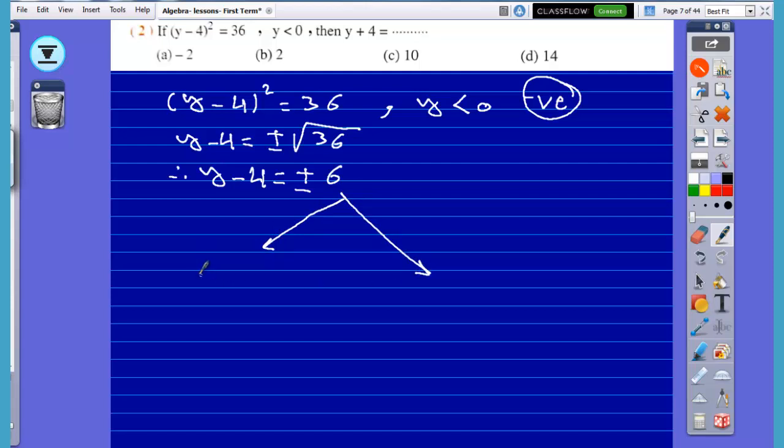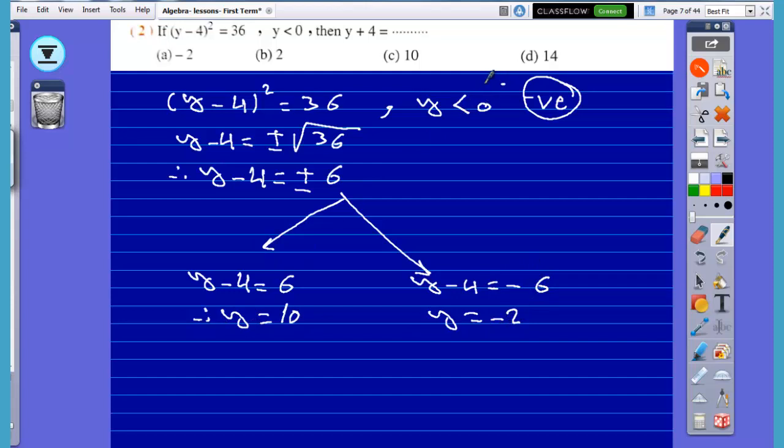y - 4 equals 6, or y - 4 equals negative 6. Then y equals 10, as 6 plus 4 equals 10, or y equals negative 2, as negative 6 plus 4 equals negative 2.